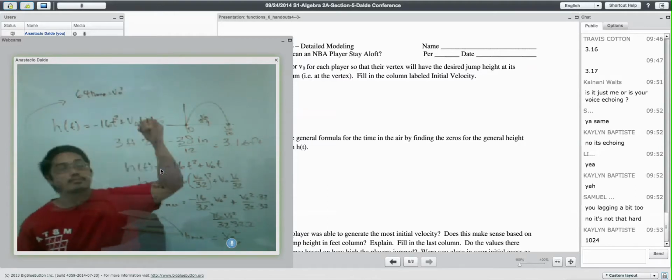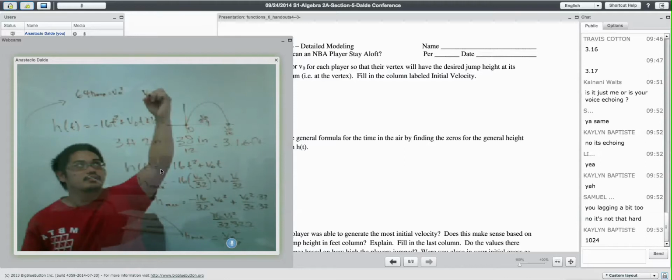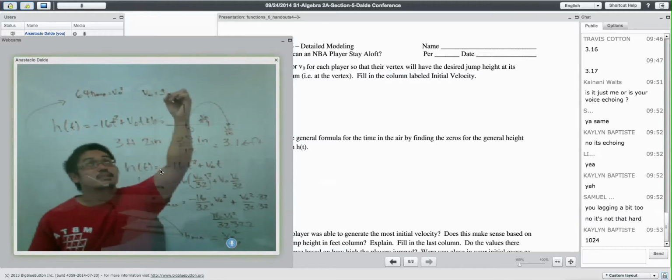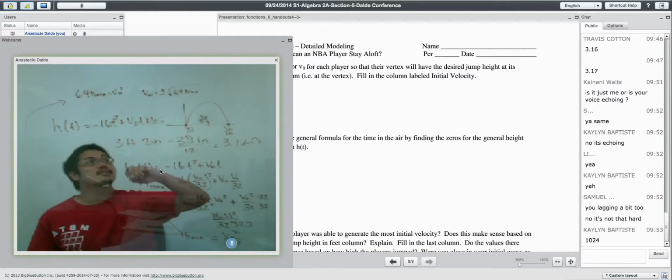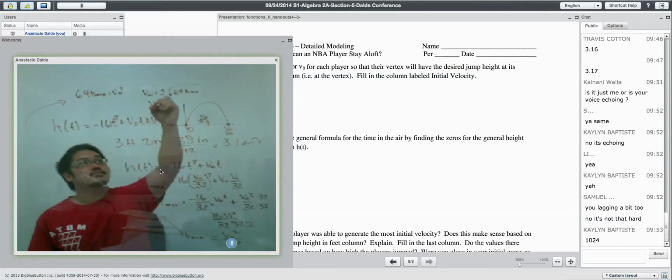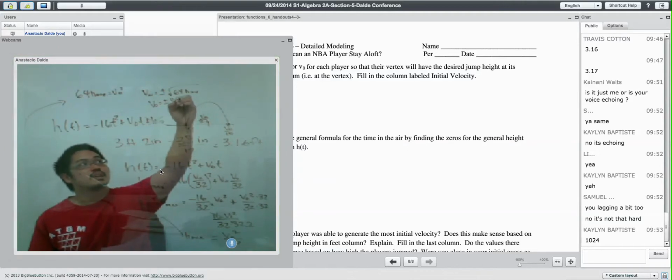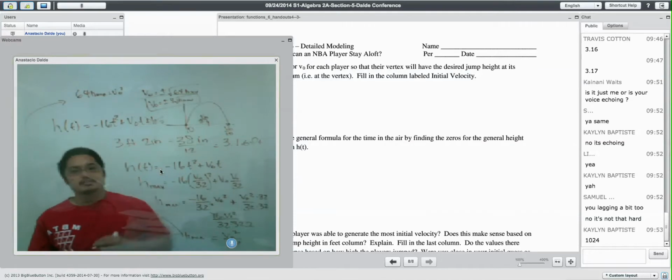Square root both sides, so I have v naught is equal to plus or minus the square root of 64 times h max. I know what the square root of 64 is. That's 8, isn't it? So v naught is equal to plus or minus 8 square root of h max. That's my answer for that.